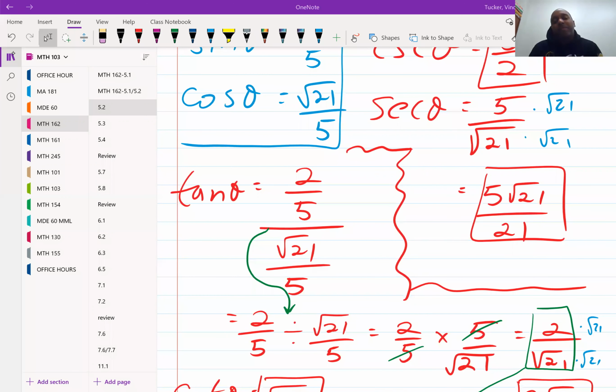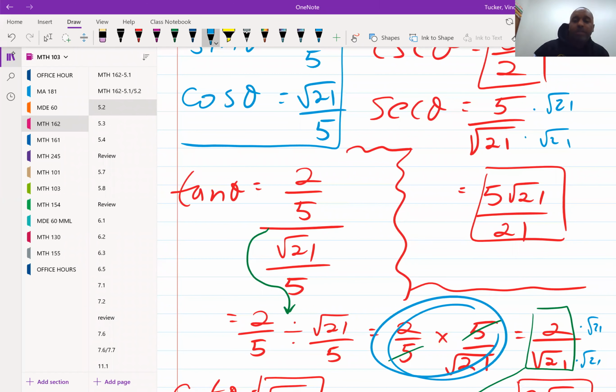So we put sine over cosine as a fraction. And then here with the green line, just emphasizing that the division bar represents division. So we have 2 over 5 divided by the square root of 21 over 5. And whenever we divide by a fraction, it means we're going to multiply by the reciprocal. So that's what I did here.